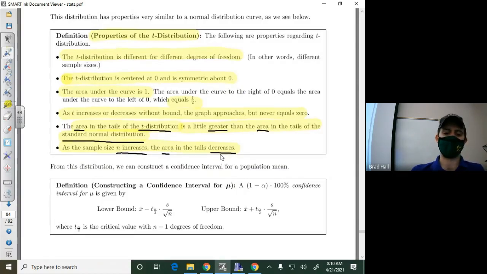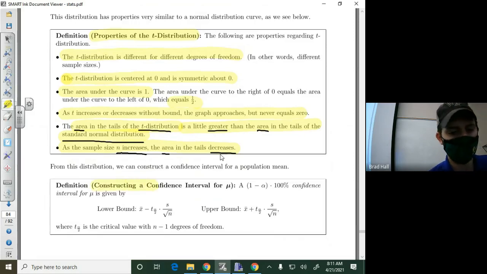But from all of this, the main thing we are focused on are these formulas down here. So this is constructing a confidence interval. So we're pretty much simulating the steps that we did in the previous section. We're trying to figure out a point estimate and a confidence interval for a new measure now, the population mean.